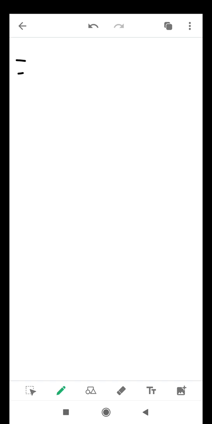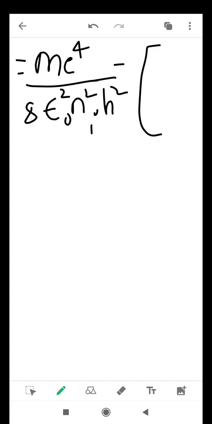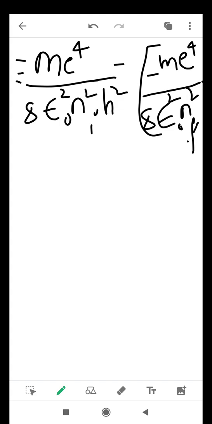So therefore, m e raised to 4 divided by 8 epsilon naught square n_i square into h square, minus of minus m e raised to 4 divided by, again the same terms but for the final state n_f, 8 epsilon naught square n_f square h square.